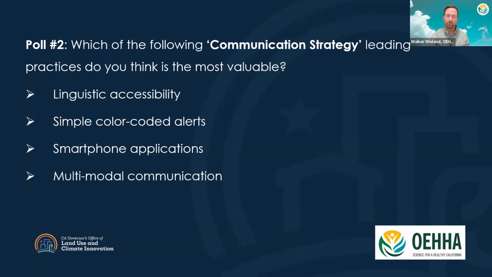And so I think we really need to not necessarily lean so heavily into the tech side. Of course, having this map is very valuable, but we need to be really creative here and maybe take a step back in terms of how we're disseminating information about extreme heat warnings.